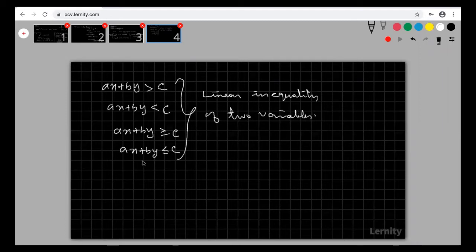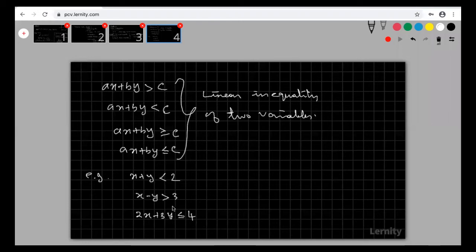For example, look at that, x plus y less than 2. This is our linear inequality of two variables. x minus y greater than 3. These are linear inequalities of two variables. 2x plus 3y is less than or equal to 4.